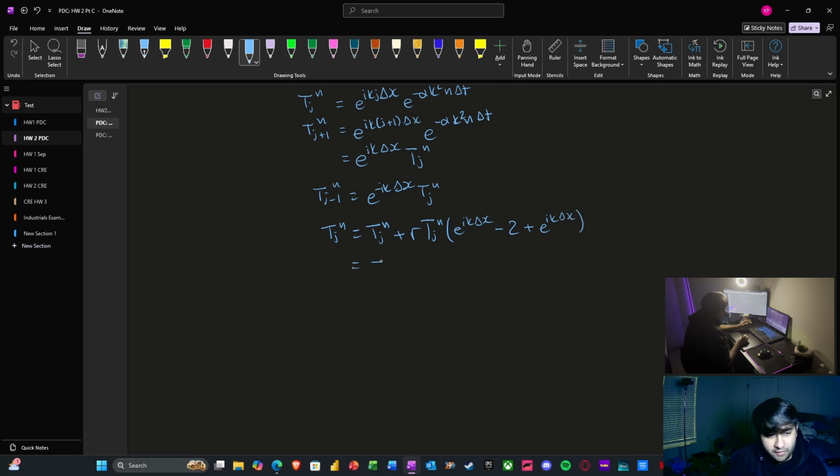And then we can simplify this to 1 plus our r times 2 cosine k delta x, and then that should be minus 2. I have to double check that, but yep, that should be correct.